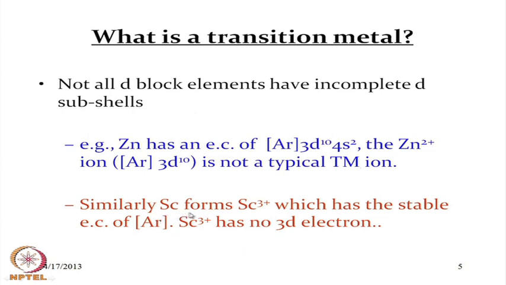At the same time, scandium in the trivalent state also has only the electronic configuration of argon. So, it has argon like electronic configuration, it has no d electron. So, anything related to d electron properties, that means the complex formation, the color of the compounds, the variable oxidation state and the magnetic moment, will also not be associated with zinc as well as scandium. So, from the left of the series and on the right of the series we can exclude scandium and zinc.